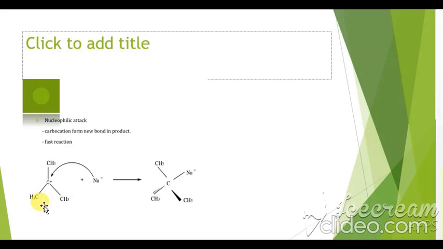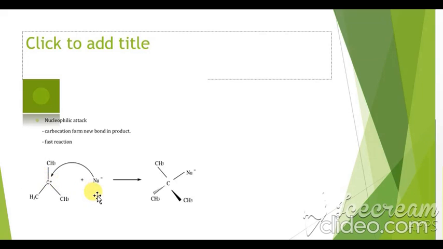There is no question of the direction of attack. So it allows the nucleophile to attack from both sides: either the same side where the bromide group left, or the backward direction.